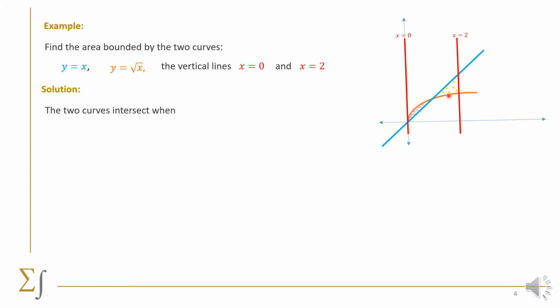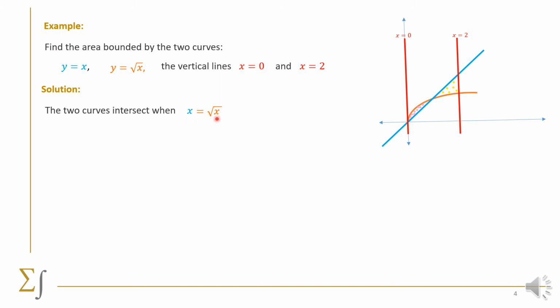Okay, so we need to find the point of intersection so that we find area 1 integrated from 0 to this value of x, and then we continue integration from this value of x to 2. So the two curves, of course, we know that they intersect whenever we put them equal. So x is equal to root x will give us the points of intersection of the two curves.